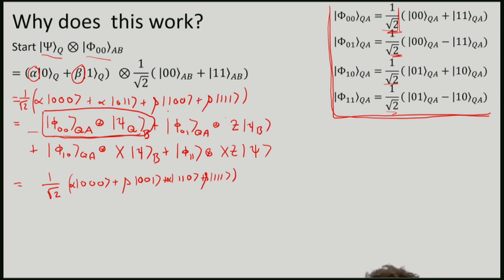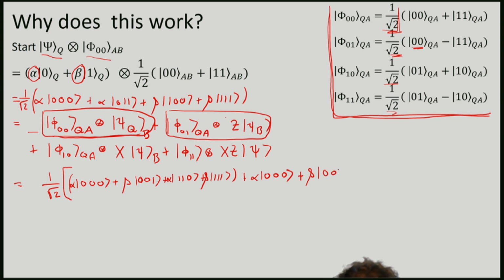So let's now have a look at the second part, namely this one. So what do I get? I have from the Bell state, again, 0 0 0 alpha, plus beta times 0 0 1.